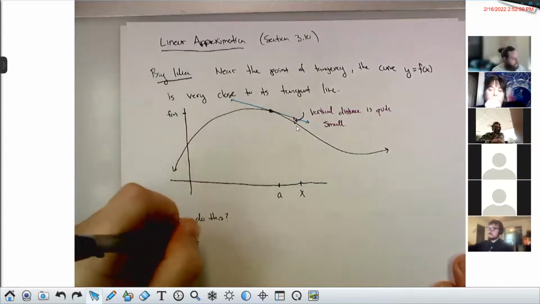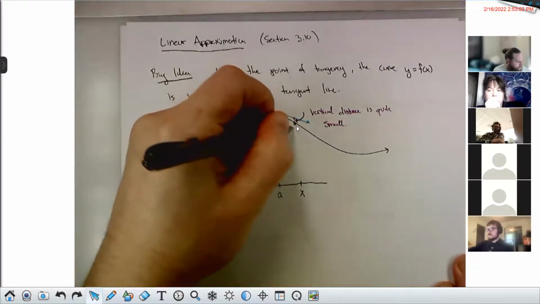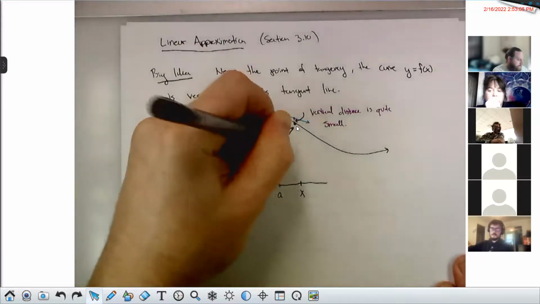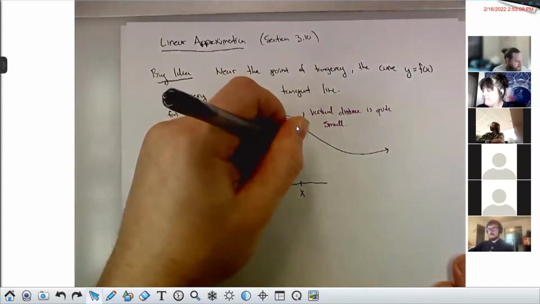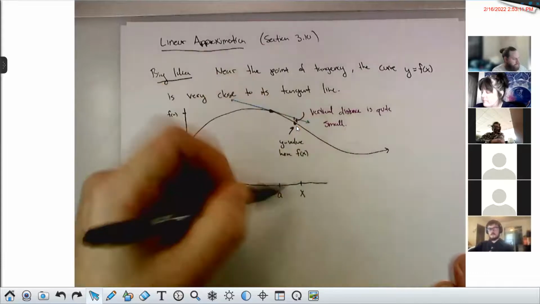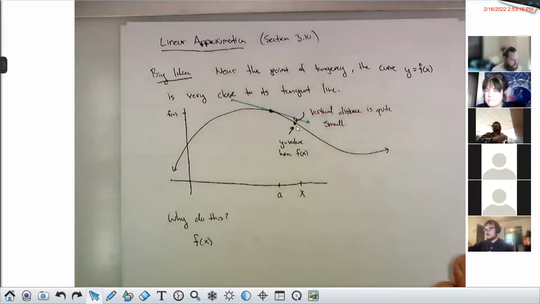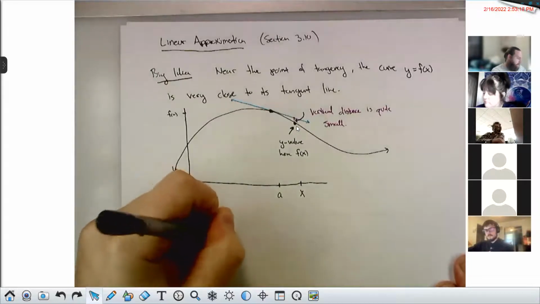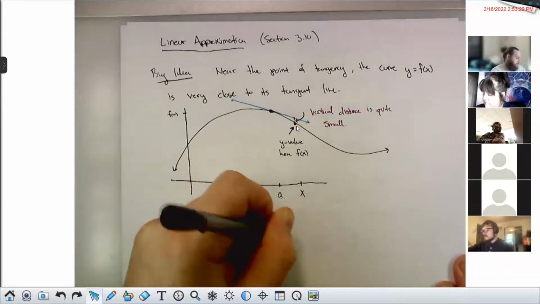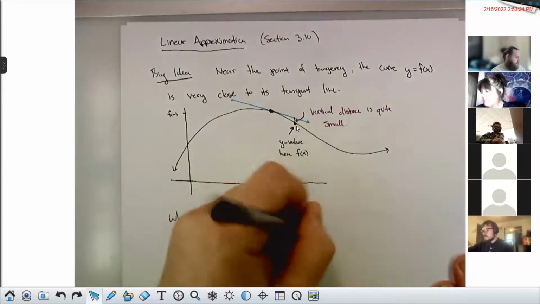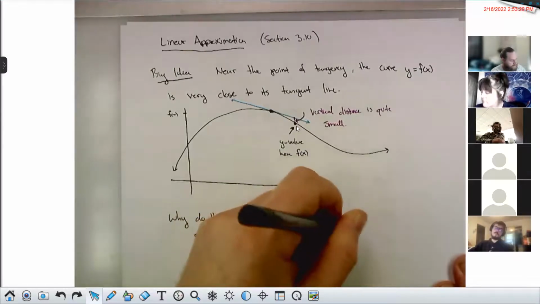Well, f of x, the y value on this curve, right? If this x value I just labeled as x, then the y value there is f of x. F of x might be hard to calculate, involving square roots or trig.